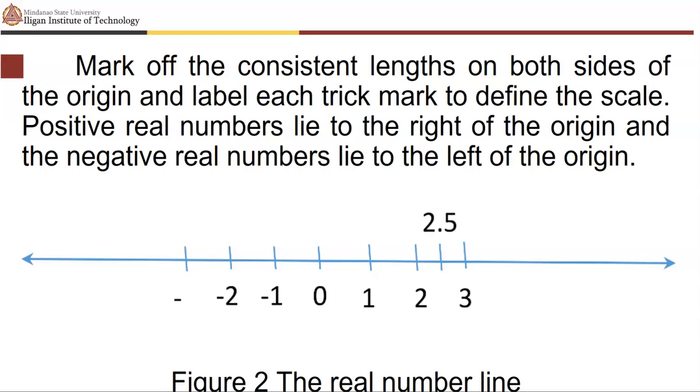This one means 2.5. So if we have a mark here, then this would be 2.75. So from here onwards, you will have your 3, 4, 5, and down the line. And from here, you have negative 2, negative 3, and down the line. So we call this the real number line.